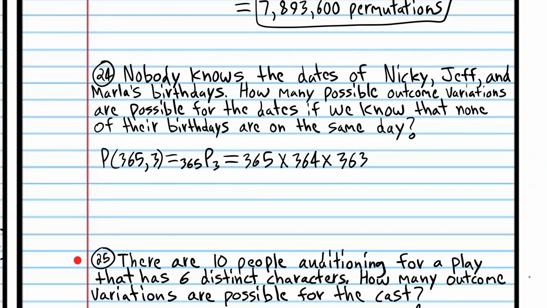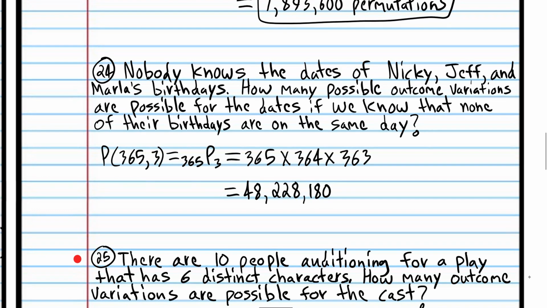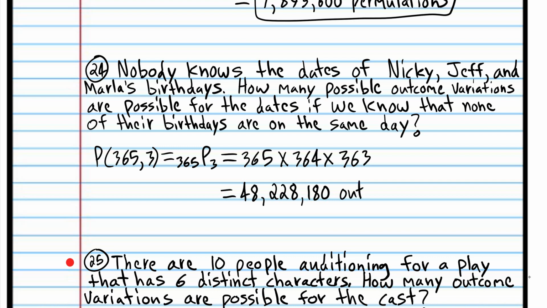So again, go to the calculator, enter 365, the math button at the upper left, right arrow key to PRB, go down to number 2, enter NPR, and then enter 3, and then press enter, and we get 48,228,180 outcome scenarios, or outcome variations, however you want to name the things that we're counting.